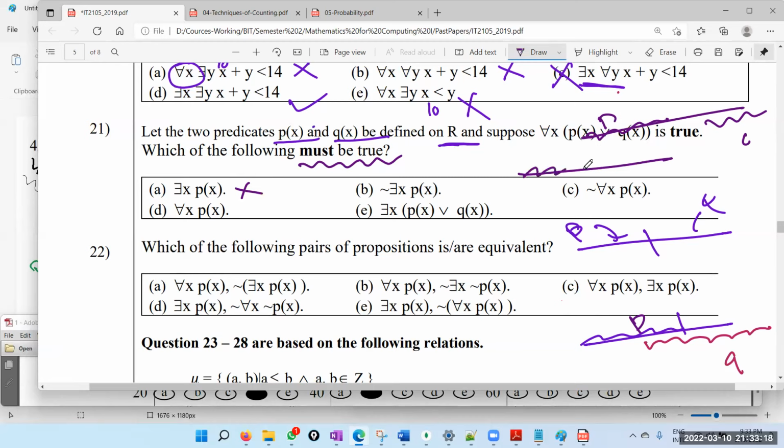In that case this is also correct. So we can't say that this must be true, definitely. There can be a situation where there's nothing in Px and everything is in Qx.